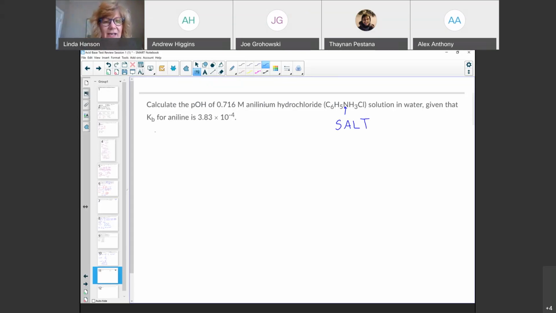I have a positive ion, C6H5NH3 positive, and I have an anion of Cl negative. I have to recognize that as a salt, meaning the positive or the negative ion will influence the pH based on hydrolysis. We know the parent acid of Cl negative is HCl, and we know that is strong, therefore no effect on pH.